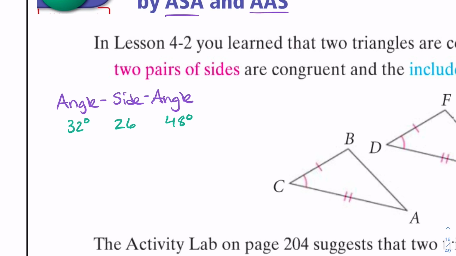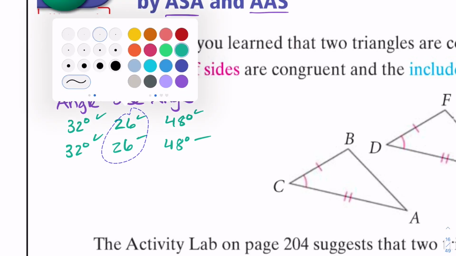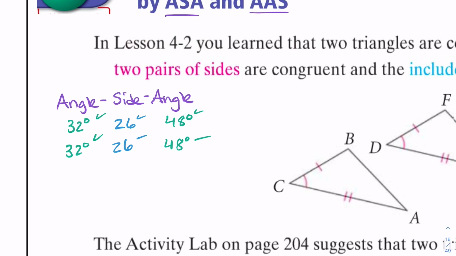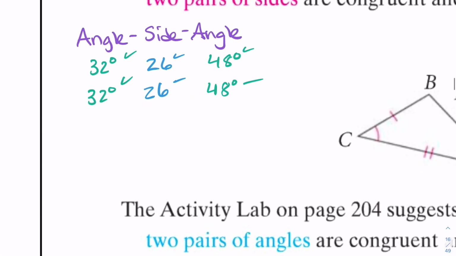Then I have another triangle that has 32 degrees, 48 degrees, and a 26 that's included with the side. Then we know that these are congruent. Change the color of this to demonstrate that they are different than the angles. And then in angle, angle, side, you have to be very careful. So this involves an inclusion. So this is included side.